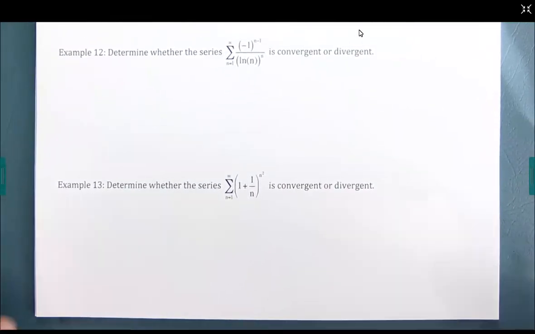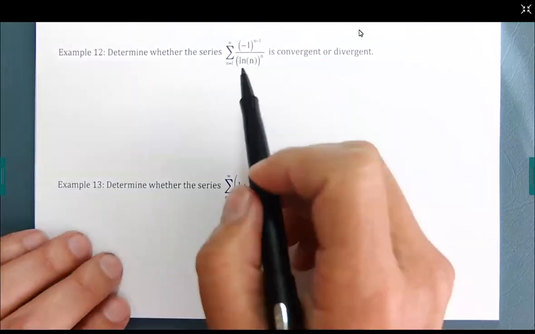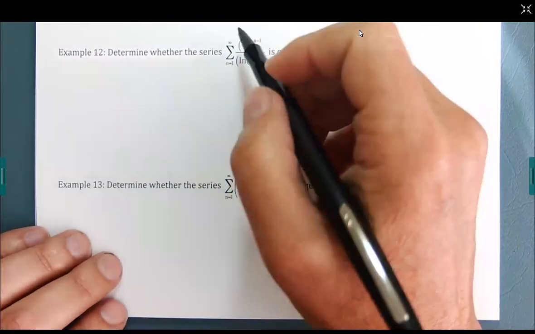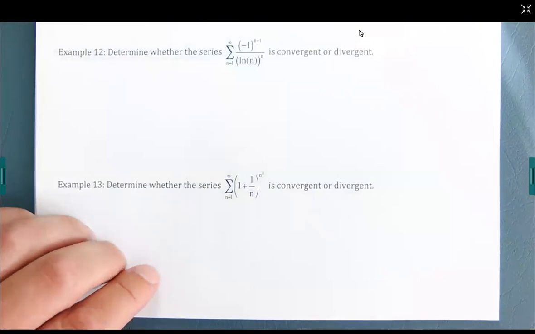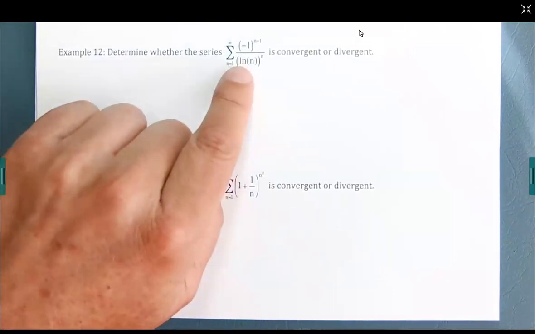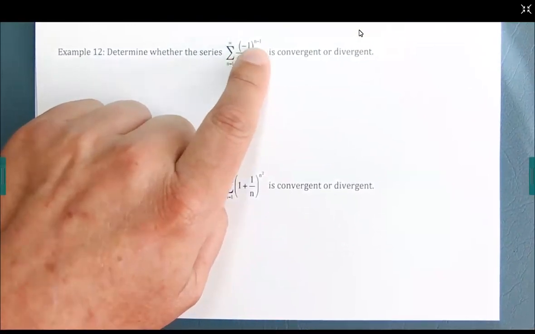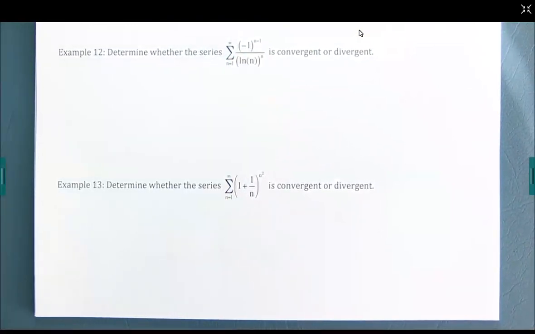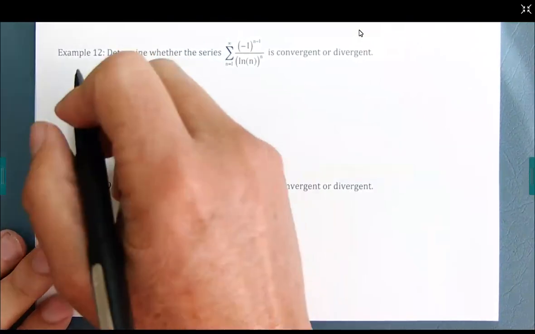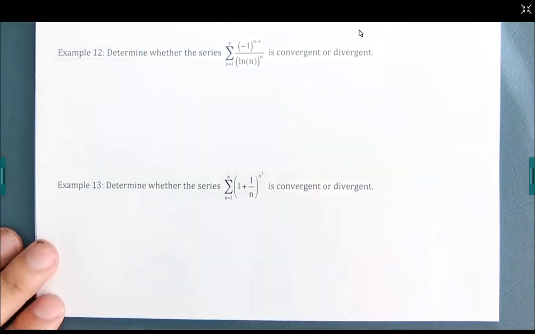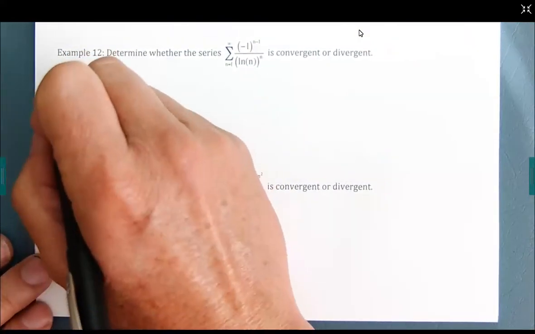Now, for this one, what's going to happen is this numerator, because we're doing absolute value, just becomes a 1. So I'm just going to ignore the -1 and the n power and all that kind of stuff. It just becomes a 1. And the good news is 1 to any power is always just 1. So we end up with this here when we do the root.